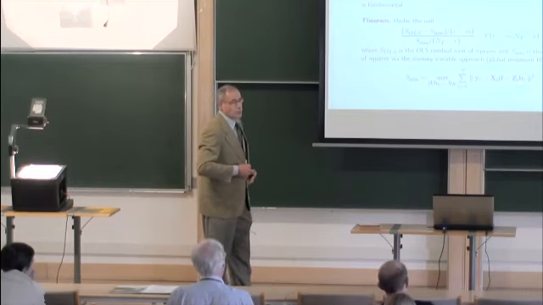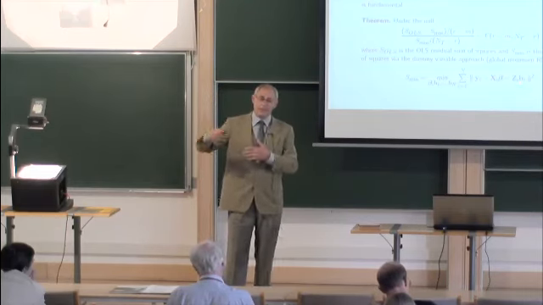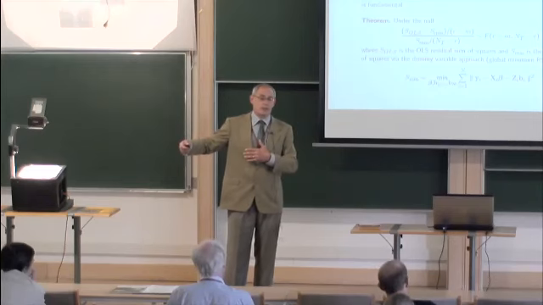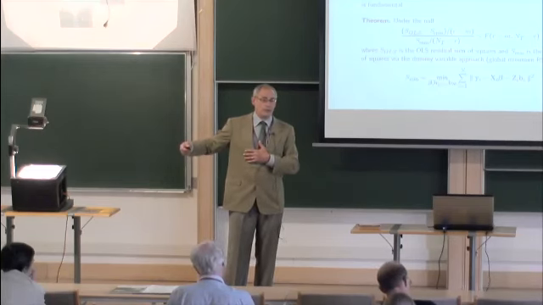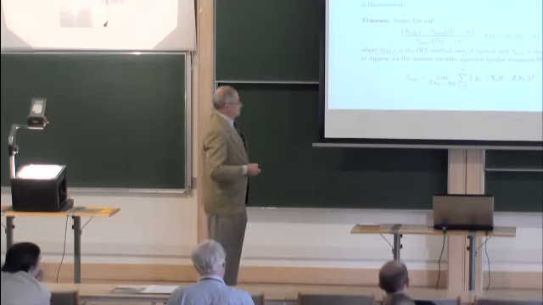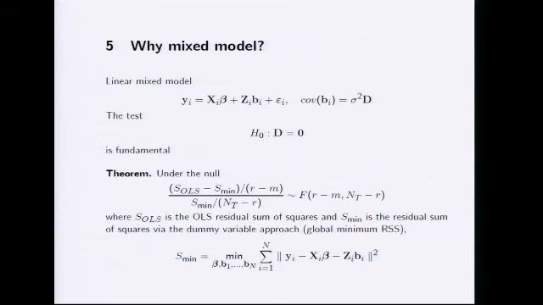And this sum of squares appears again and again when it comes to investigating the properties of linear mixed effect models. It can be proved that if you put D to infinity and compute the residual sum of squares using generalized least squares, this is the limit you get.